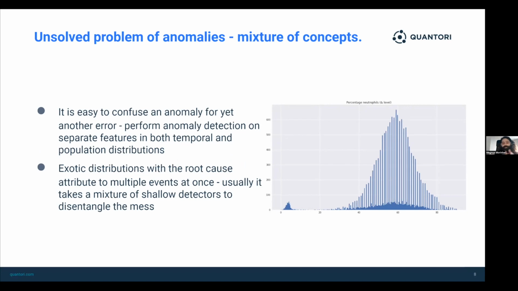You have a patient, but they could have different measurements in time, some different units or whatever. If you see the anomaly in temporal space, that's one thing. The second thing is you can have an anomaly in population distribution. Everyone in the population has some kind of a distribution at one point in time, but you see something is wrong. That's not the case where you can try to fix something.